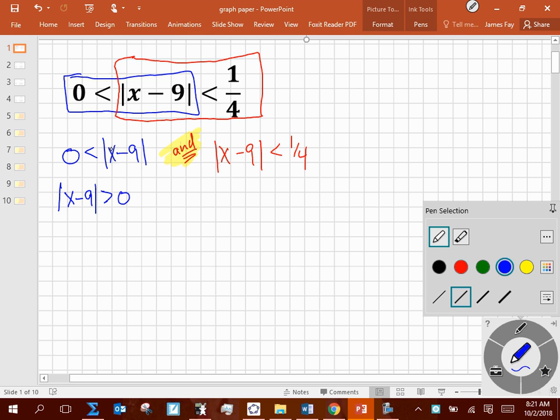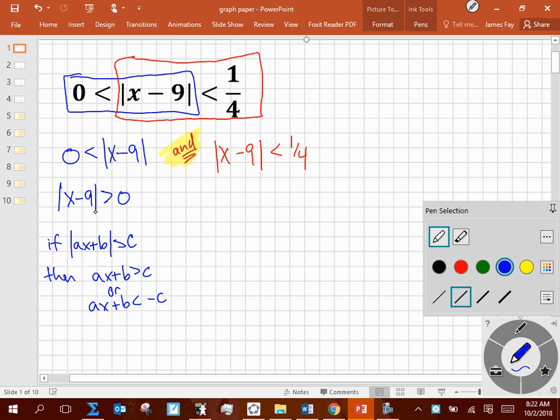I'm going to write it as absolute value of x minus 9 is greater than 0. I like to see my absolute value first, because now, remember our rule that said if absolute value of ax plus b is greater than c, then you get ax plus b is greater than c, or ax plus b is less than negative c, right?